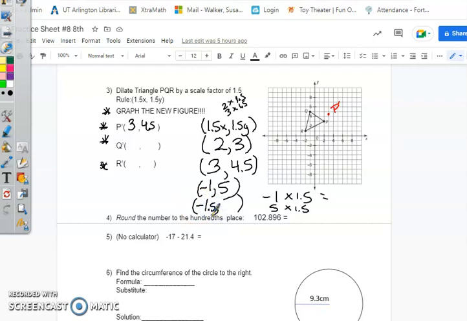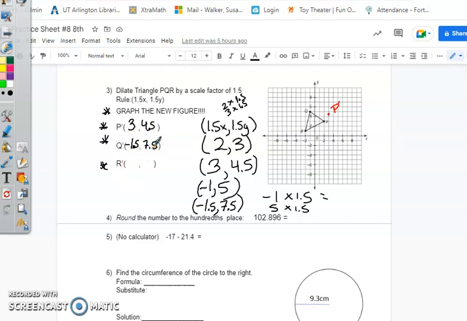And then 5 times 1.5, punch that in the calculator, is 7.5. Okay, so I did 2 of these for you. You're going to do the rest. So this is -1.5, and make sure that decimal is there, 7.5.